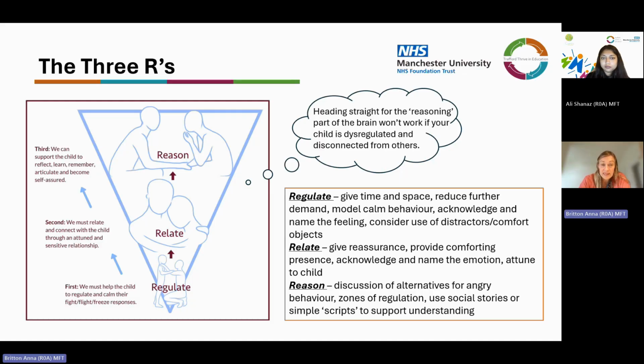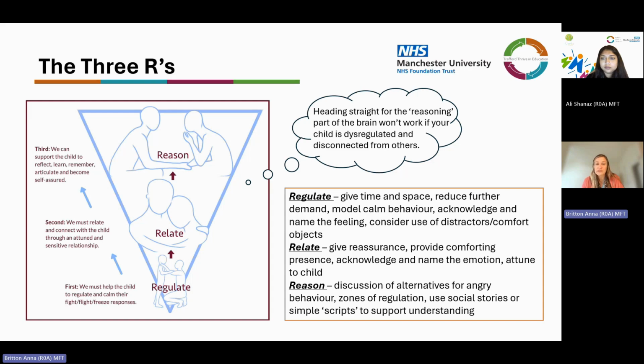Acknowledging and naming the feeling, either saying what you think it might be and asking them if you're right, or getting their words if they're able to give them, can be really helpful at this time as well. Using distractors or comfort objects can also help. That is the R that you put into place when you notice that the young person is in fight, flight, or freeze.